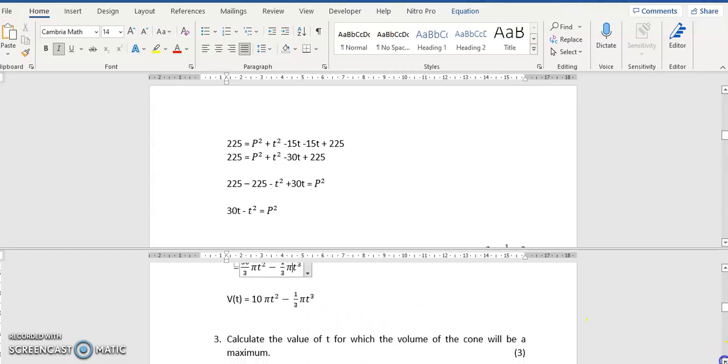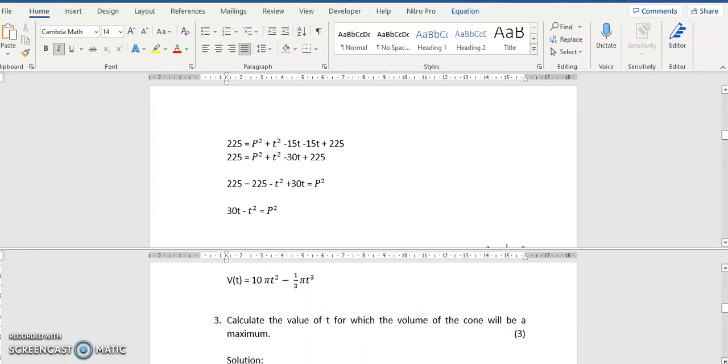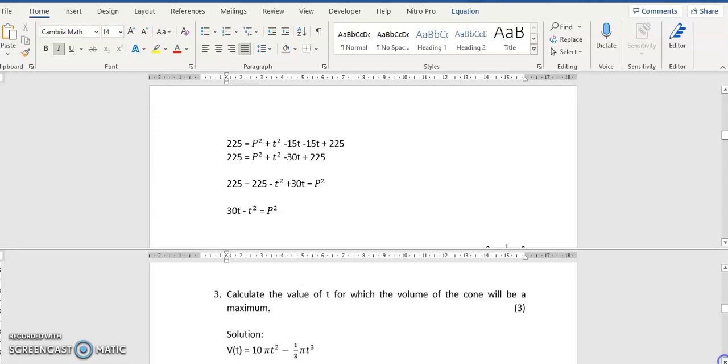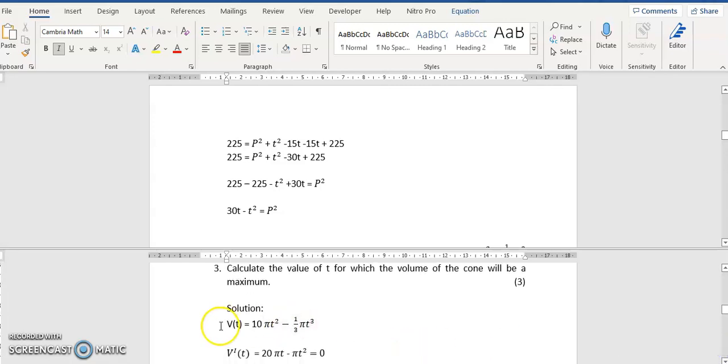Okay, then the last one, calculate the maximum value of t in which the volume of the cone will be maximum. So the information you have here, if you take the first derivative, you are going to have this one. Then you make it equal to 0.